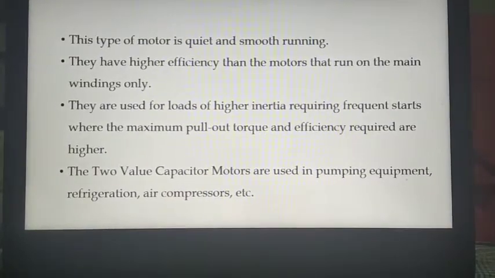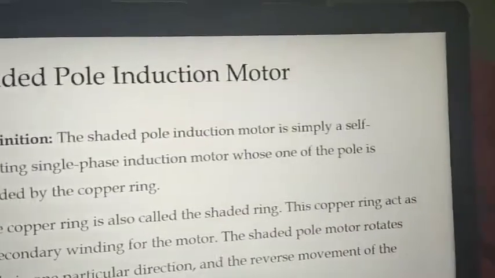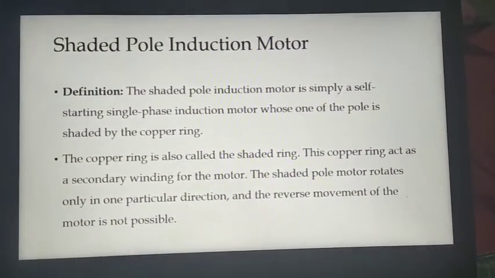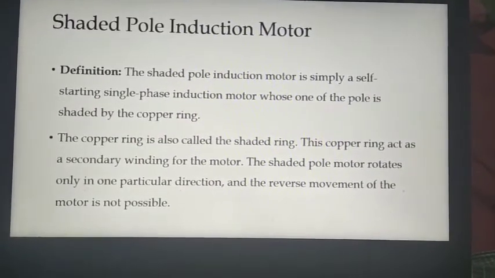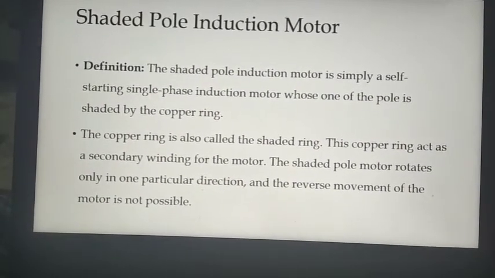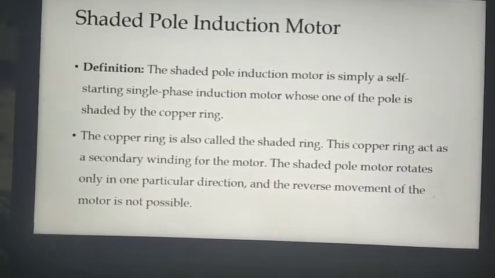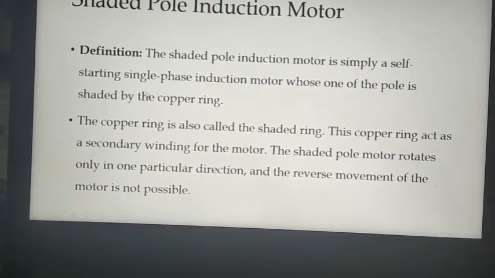So now we go to the second part of our fifth unit, that is the shaded pole induction motor. The pole will be shaded by some other arrangement, that is called the shaded pole induction motor. So the definition: the shaded pole induction motor is simply self-starting.